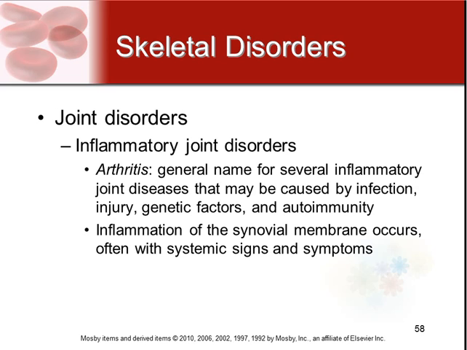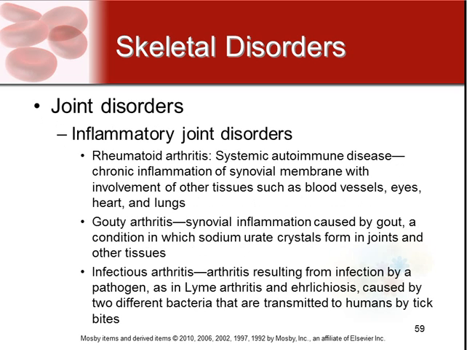This can be caused by infection or injury or genetic factors or some sort of autoimmunity. But it causes an inflammation of the synovial membrane. So remember that that's the membrane in the joint cavity, and often there are some systemic signs of inflammation going on. So some examples of this would be rheumatoid arthritis.